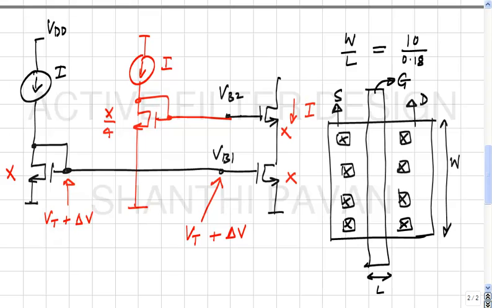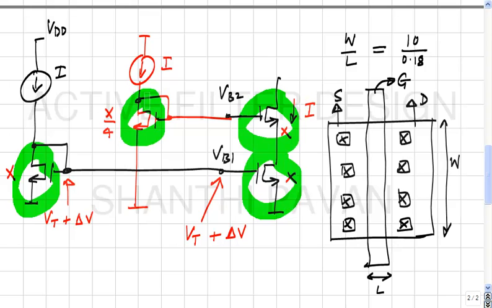Please note that we are interested in matching which all transistors? Okay. All right. See, all our calculations will only make sense if the transistors are matched. Okay. Now the question is this.